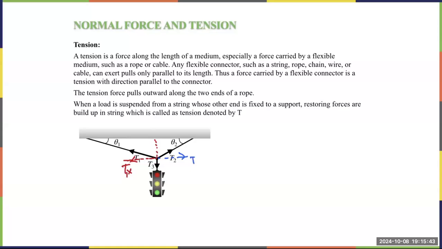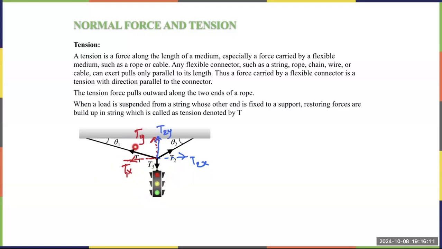So T1 will be this, and this is T1x and this is T2x, right? But these two components of the tension will cancel each other. That's why this traffic light does not move left or right, because they are equal and opposite. But if we look at the y component, this is my T1y, and again I will have the same in the up direction, T2y.